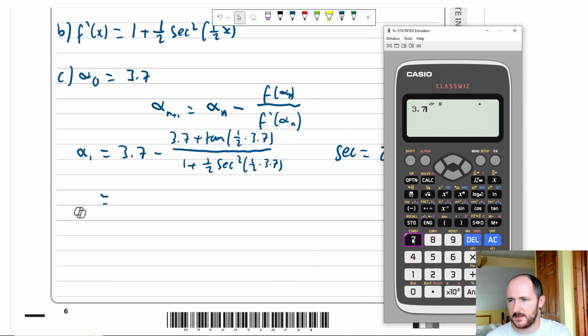So 3.7 subtract the fraction, 3.7 plus tan 0.5 times 3.7, close bracket, over 1 plus 0.5. Now I'm going to put it in brackets. This is going to look a bit disgusting, but 1 over cos squared, so cos of 0.5 times 3.7, squared.